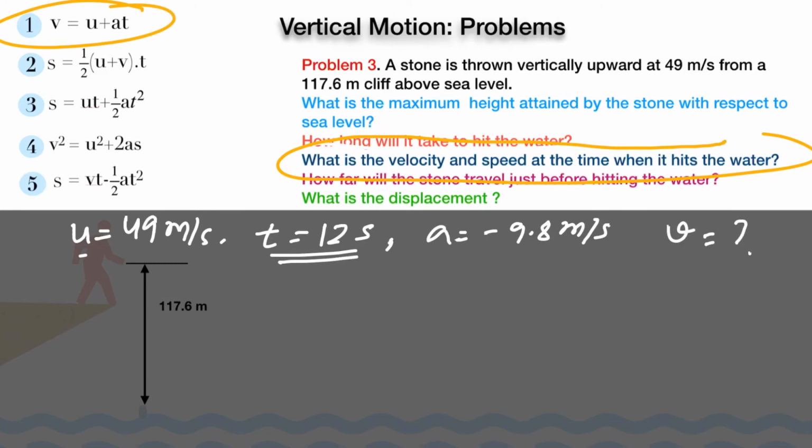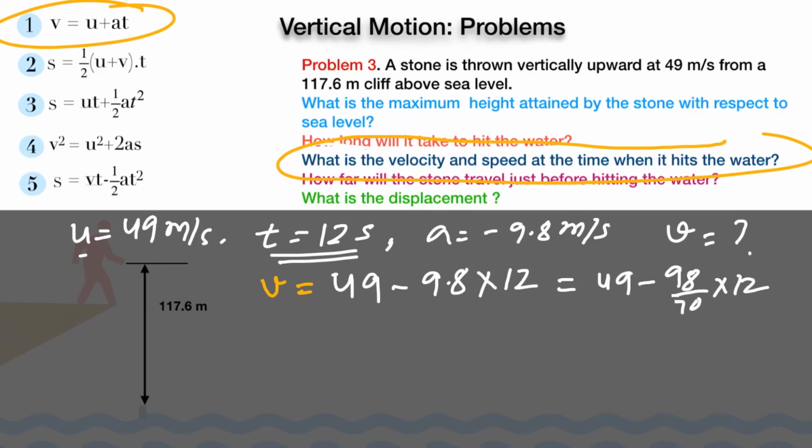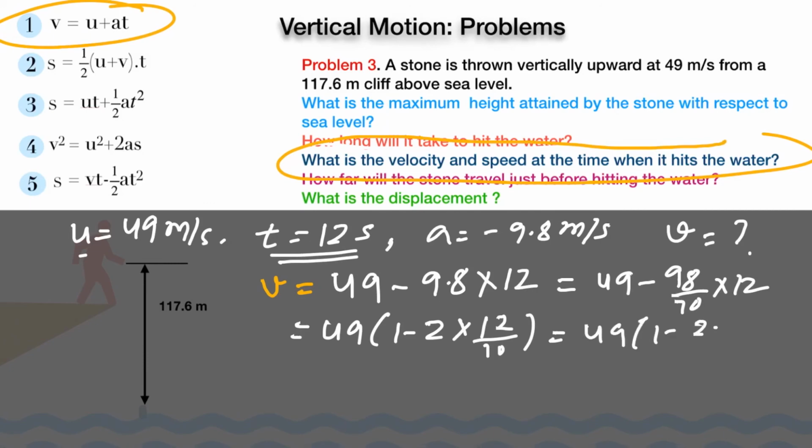So you just put the value: v is equal to 49, which is upward direction, minus 9.8 into t, which is 12 seconds. You can write this as 49 minus 98 divided by 10 into 12, and you can take out common 49: 1 minus 2 multiplied by 12 by 10, right? And this is 49 into (1 minus 2.4).